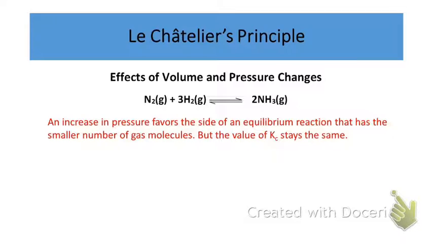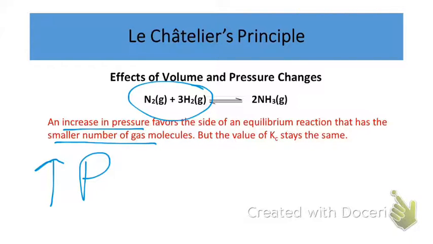Let's say we're going to increase the pressure. In which way would the reaction shift? Well, according to the statement, an increase in pressure should shift to the side where there's a smaller number of gas molecules. On the reactant side, we have 4 moles of gas: 3 from hydrogen and 1 from nitrogen.